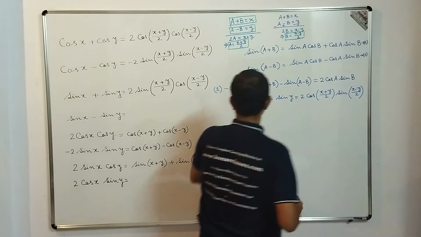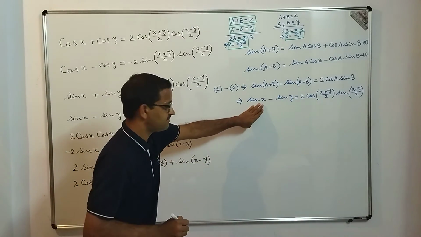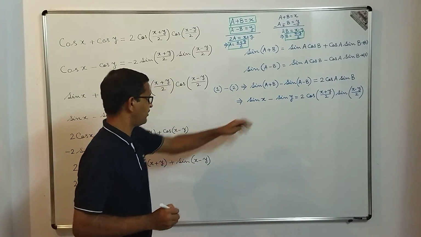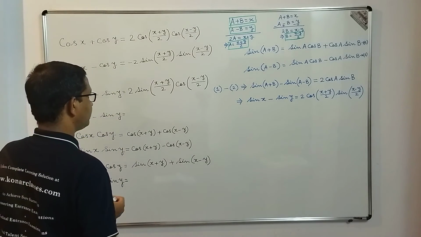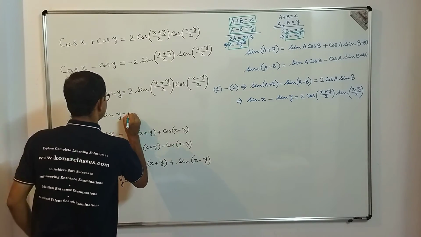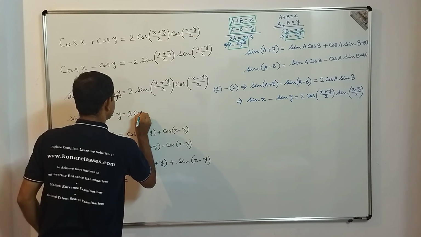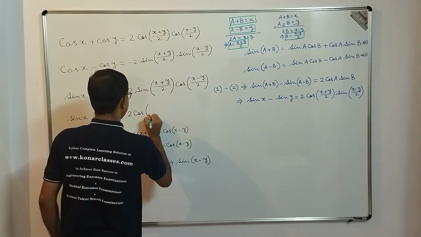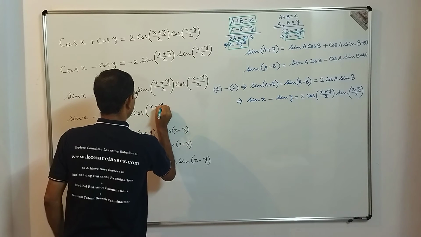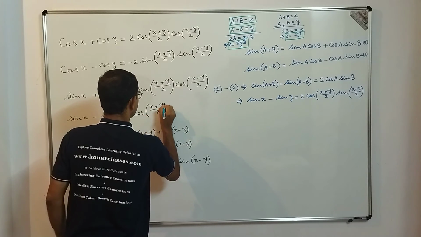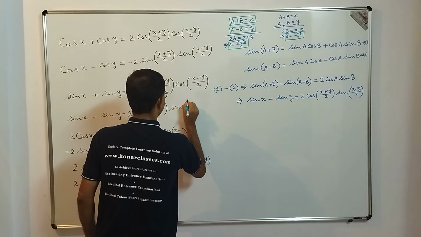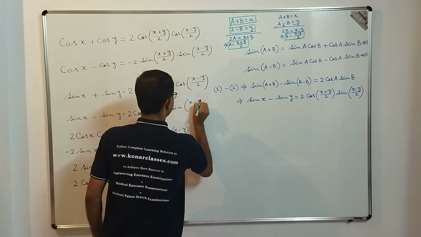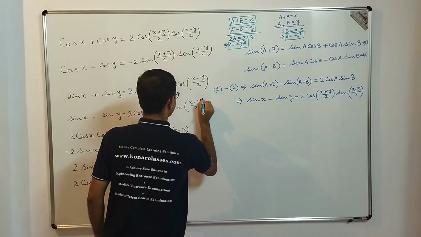Correct? Now we got the formula for sine x minus sine y, so let me write it here. So the formula for sine x minus sine y is equal to 2 cos of x plus y by 2 into sine of x minus y by 2.